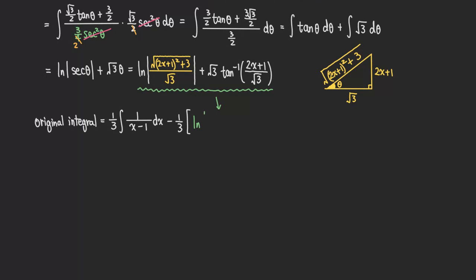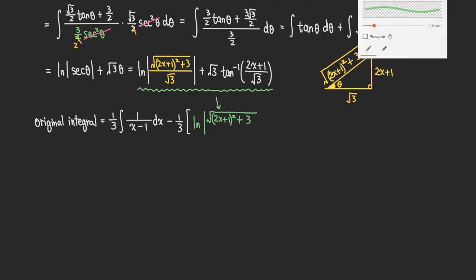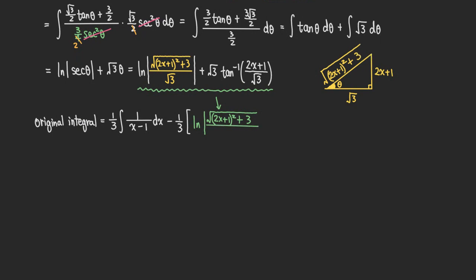So that would be ln of the square root of (2x plus 1) squared plus 3, all over the square root of 3, and then plus the square root of 3 times tangent inverse of (2x plus 1) over the square root of 3. That's all that stuff.